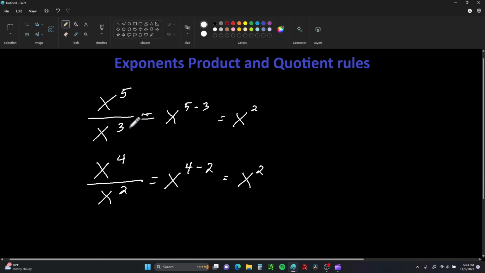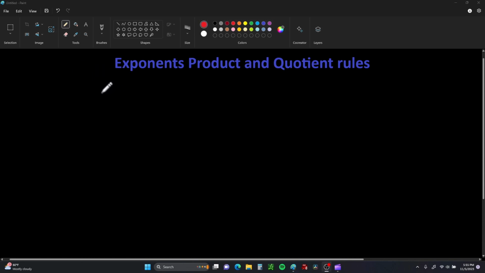Let's take a look at a special kind of example, and we'll see why x to the 0 is going to be equal to 1. As you're aware, any number that I have, if I have 7 over 7, this equals 1. And 8 over 8, well, anytime we have the same number over the same number, it's going to equal 1.